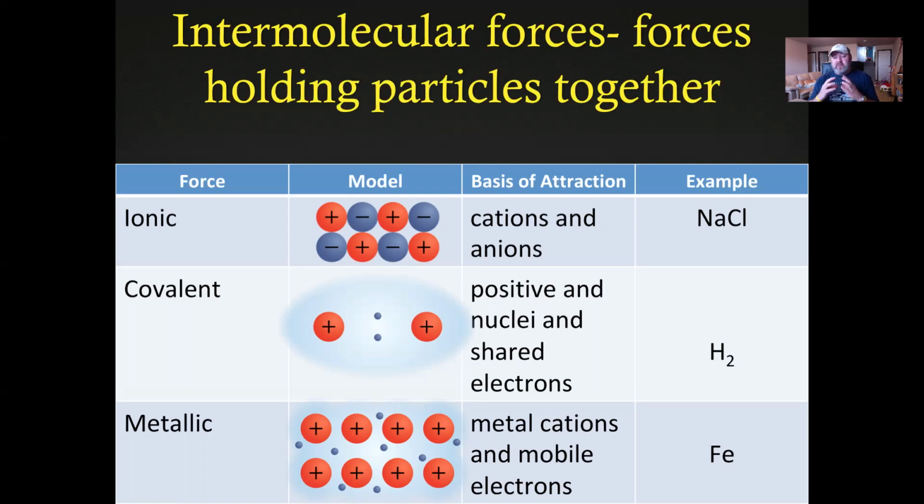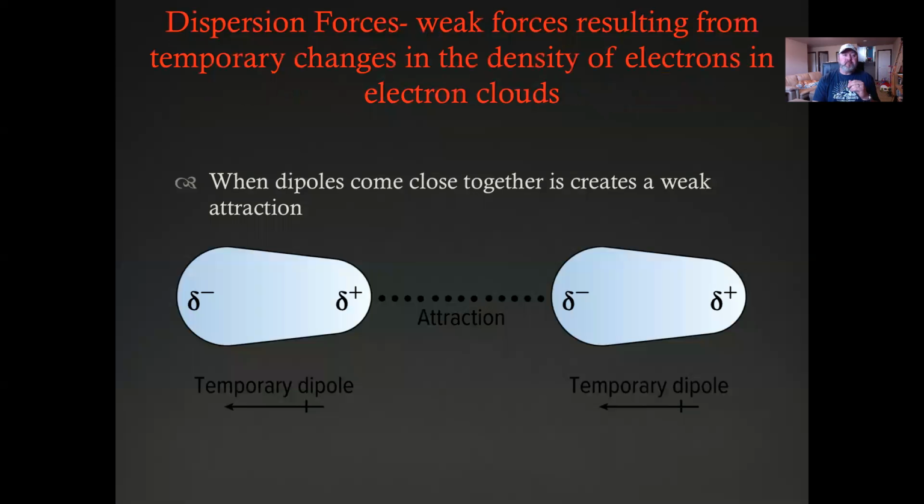That's what's creating their attraction for one another. And metallic materials are a little bit different because they have what's called a sea of electrons, and those electrons get passed back and forth very readily, and that's what makes metals able to conduct electricity and things like that.